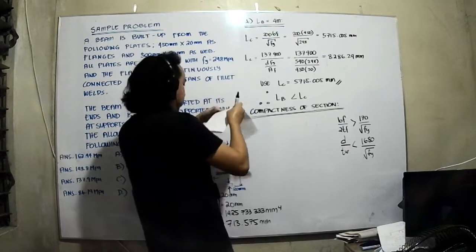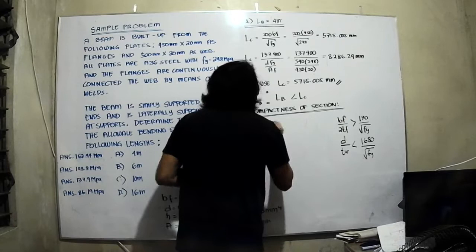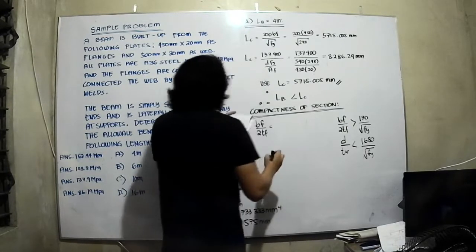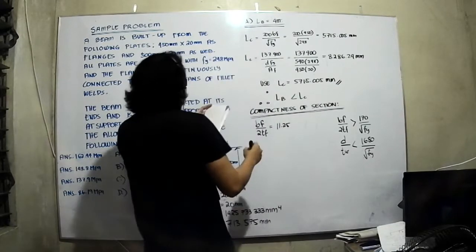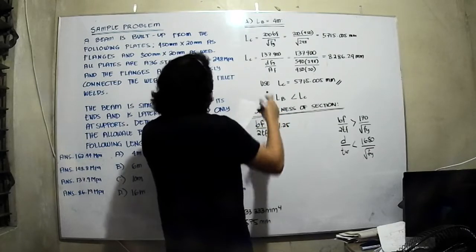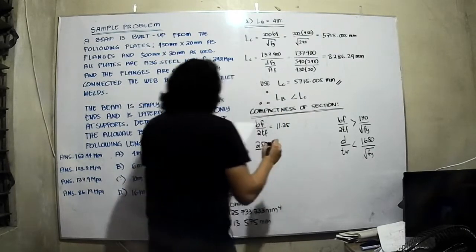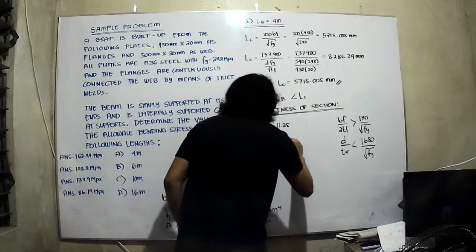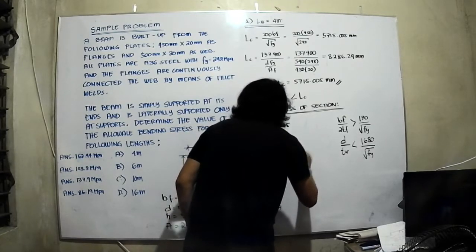Let's see how this compares to 250. We already know that BF over 2TF is equal to 11.25, and we compare it to 250 over square root of Fy.